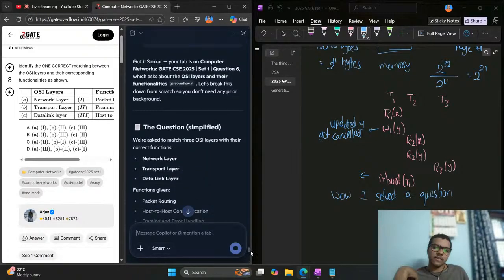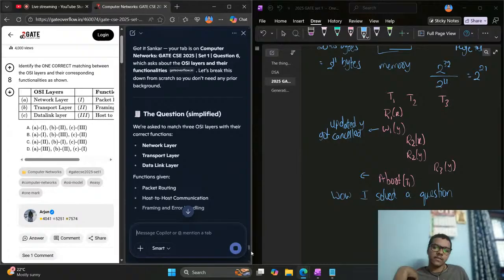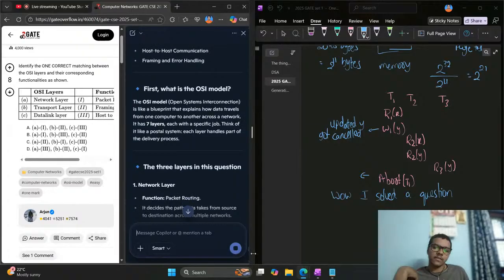Network layer, transport layer. OSI is like a blueprint that explains how data travels from one computer to another across a network. It has 7 layers. Each has a specific job. Think of it like a postal system.